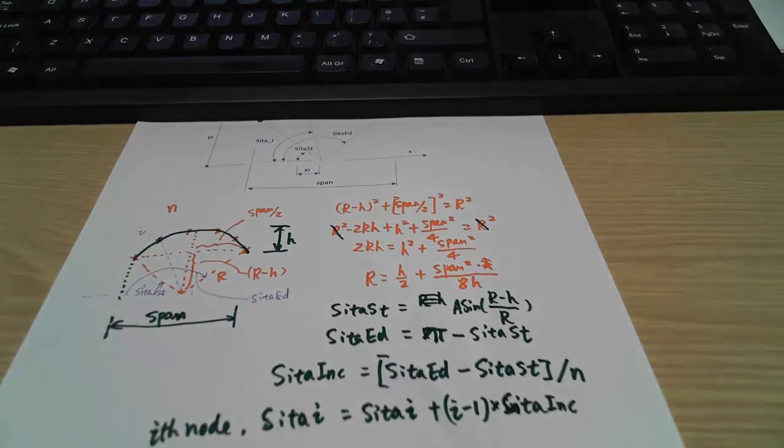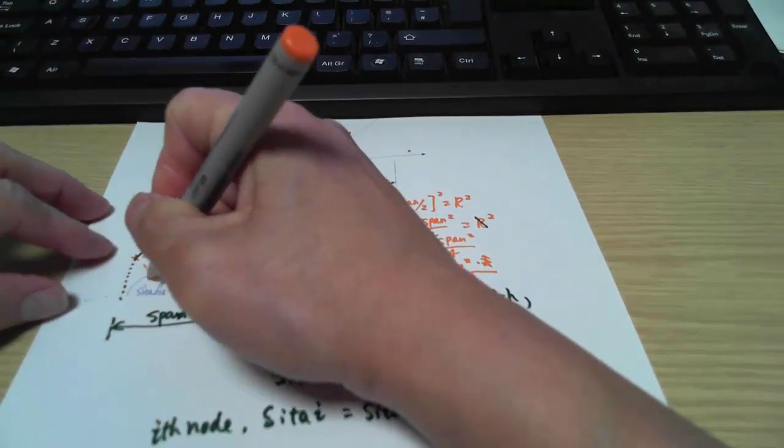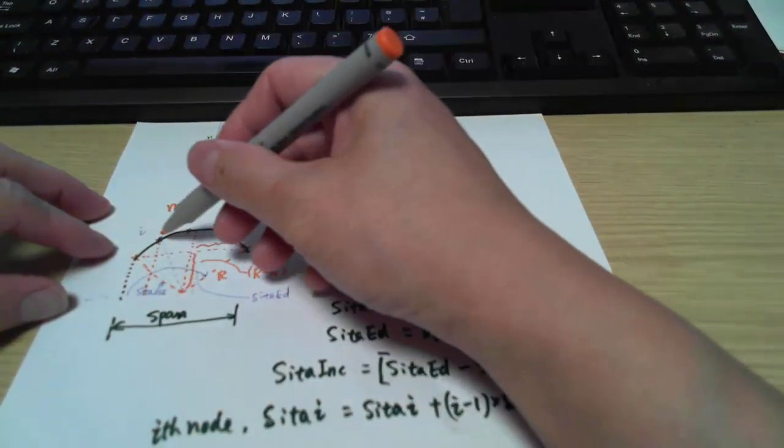Once you get this part, I can get x and y. So if I can get x and y, it will be this one, right? So the angle here, and the angle here.